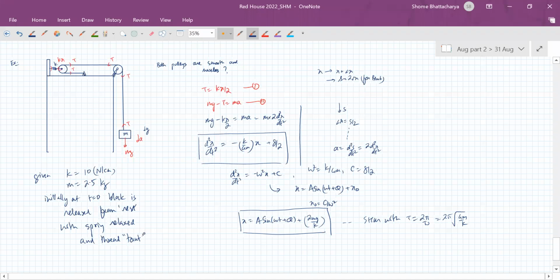The thread is taut means the moment you release the block, the tension in the string develops. It does not go into free fall or anything.